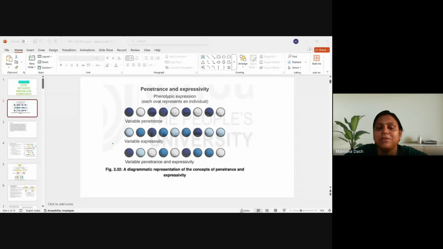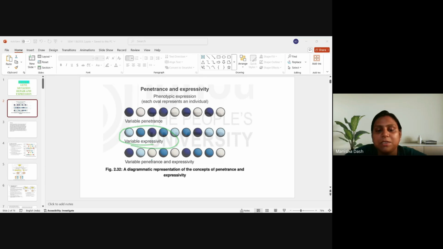So that is what is called penetrance, like how much the genotype or the phenotype has penetrated into the population. Then expressivity means, of whatever members of the population are expressing the character, what is the intensity or variability of the character, whether all of them are expressing the same character or there is a difference in the degree of expression of the character. That is what is called expressivity.